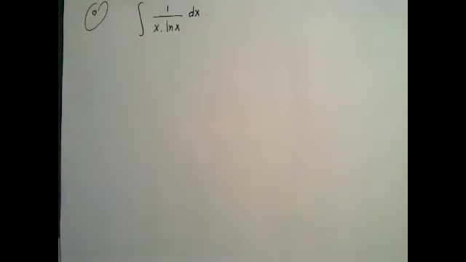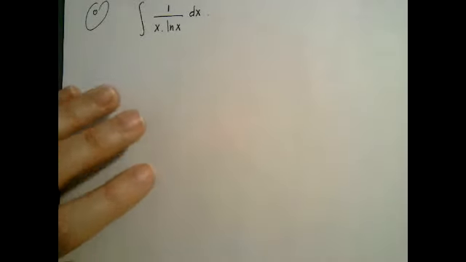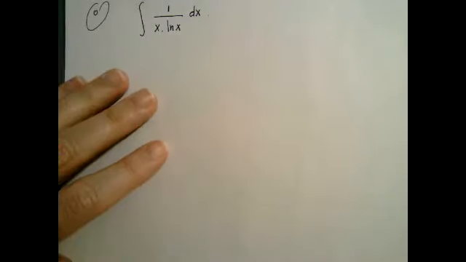Okay. 1 over x, ln of x dx. Okay. It's not as clear as the other one, but it's semi-clear. Ideas. Do you see anything? Things are connected in a way.